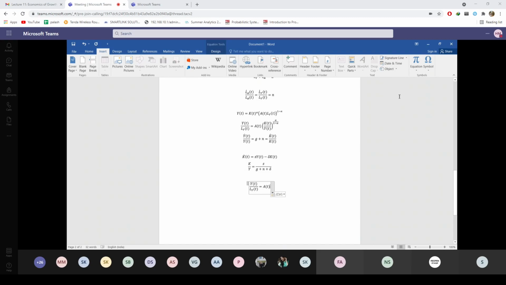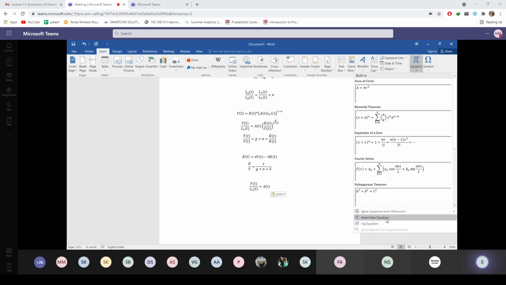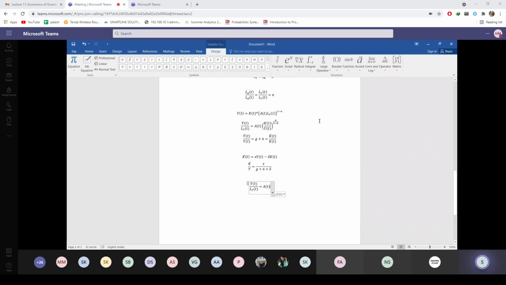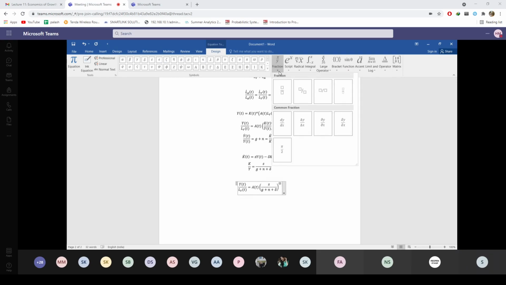So put it in the bracket, insert equation, new equation, this, this, that is my alpha by 1 minus alpha.